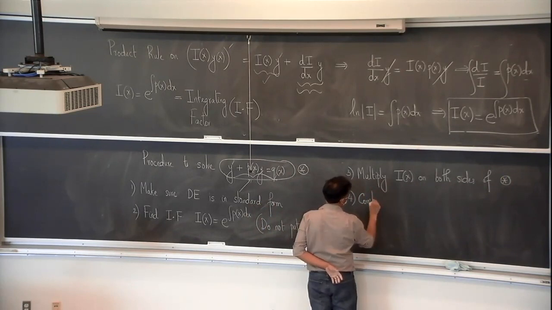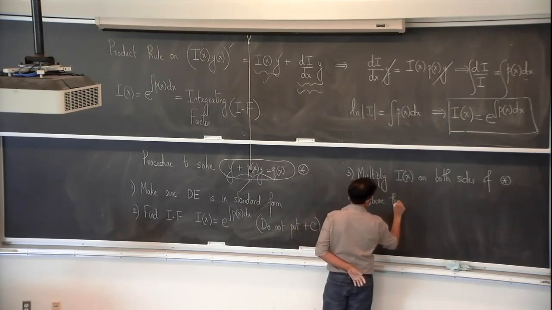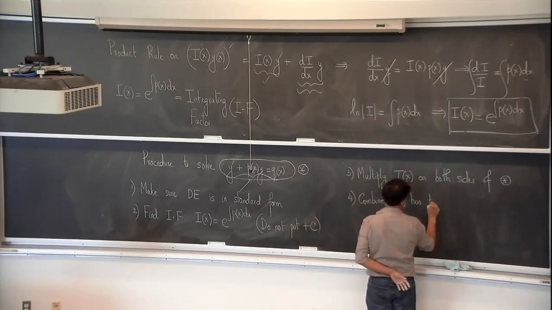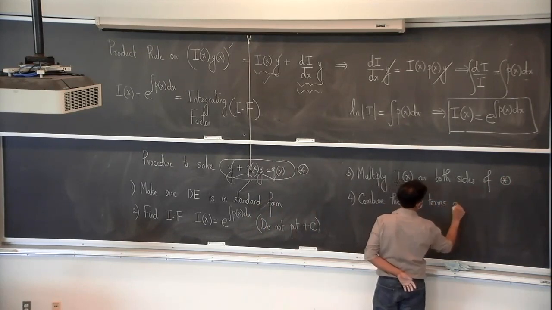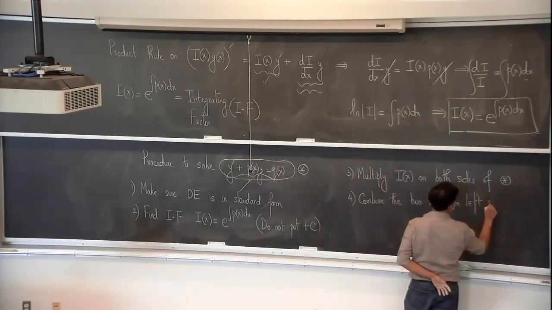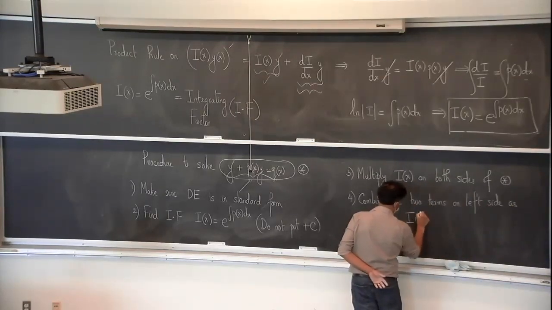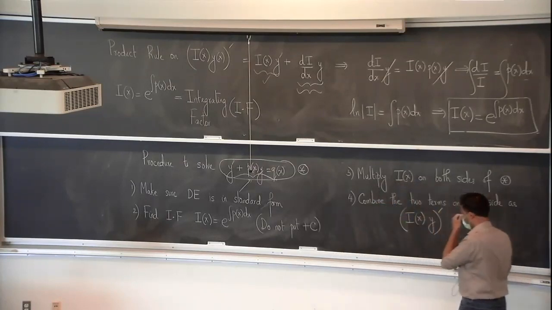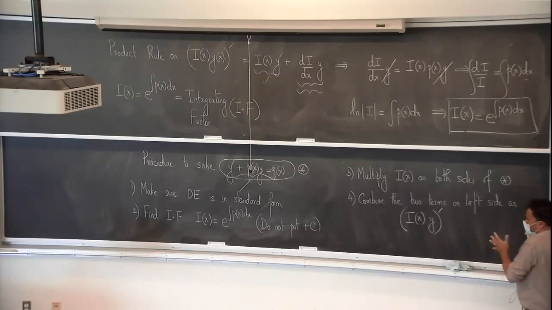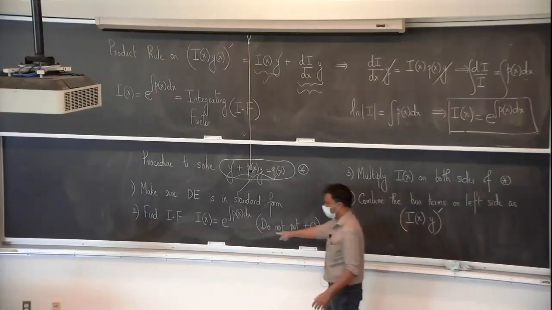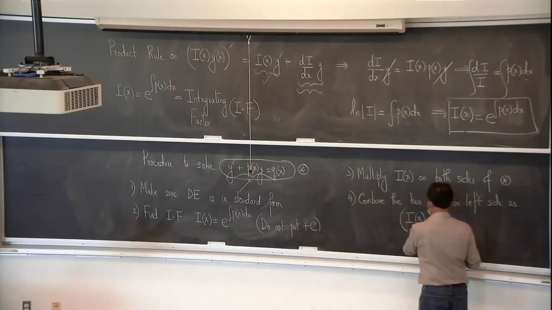Combine the two terms on the left-hand side as the integrating factor times y prime. This step is the key step. The reason why we're doing this painful procedure is so that we could write the left-hand side as a single derivative. So you found I of x from step 2, and we are able to write this as a single derivative, equal to I of x times Q of x.